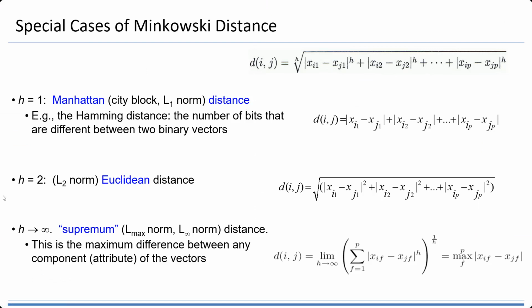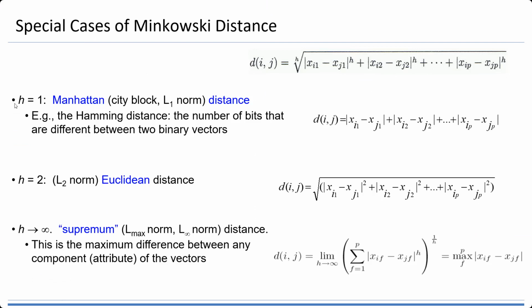The second one is h equals 2. We call it the L2 norm, and sometimes Euclidean distance. The other h is infinity, which we call supremum, or the L max norm, or L infinity norm distance. This is the maximum difference between any component attribute of the vectors.